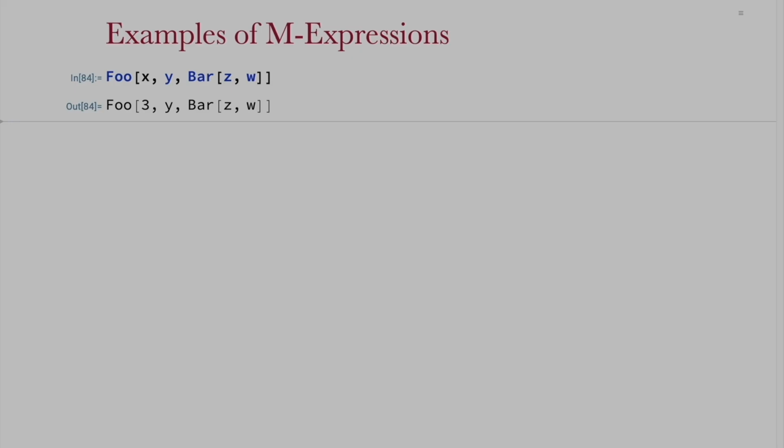All symbols that are not known to Mathematica, not bound to anything, just evaluate to themselves. No error is thrown. But this is a valid M expression. It doesn't mean anything right now. It's just what valid Mathematica syntax looks like.